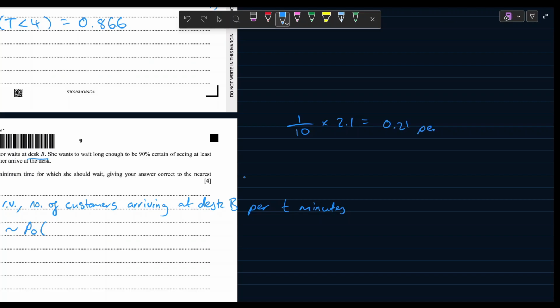This is now per minute. So that means if we want per t minutes, it's just going to be 0.21 times t. So in other words, our lambda here is going to be 0.21 t, because we don't know exactly what our minutes are. Our minutes are t, and they're just going to be multiplied by per minute. Because if this was per 2 minutes, it would be 0.21 times 2.